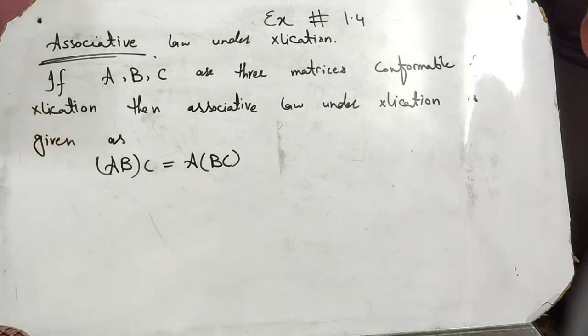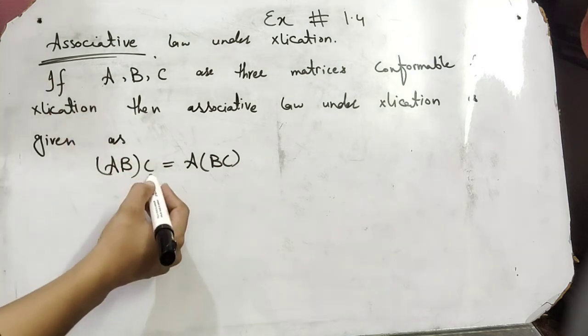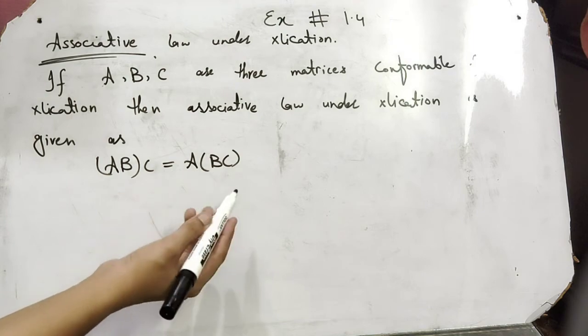Associative law under multiplication is, if A, B and C are three matrices conformable for multiplication, then it is given as AB into C will be equals to A into BC.